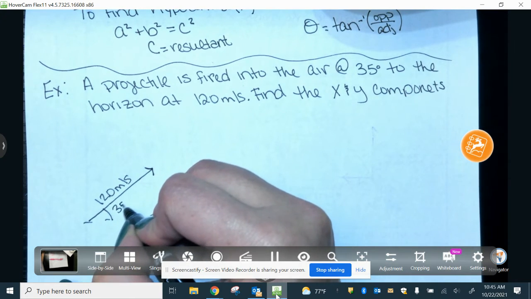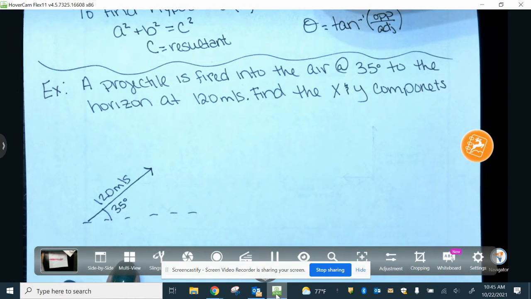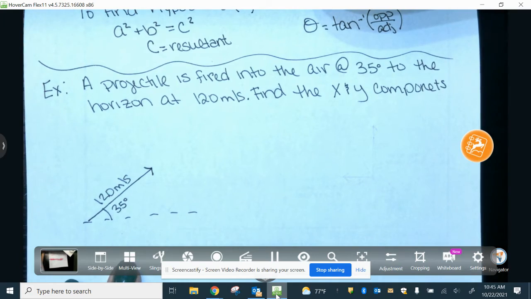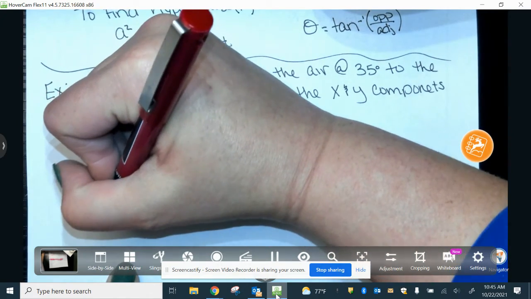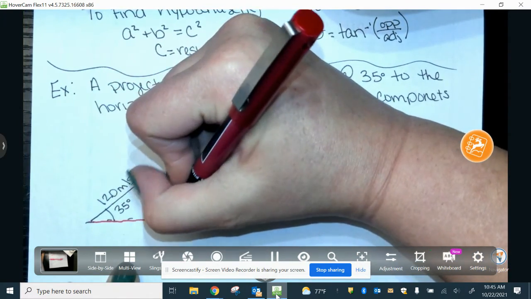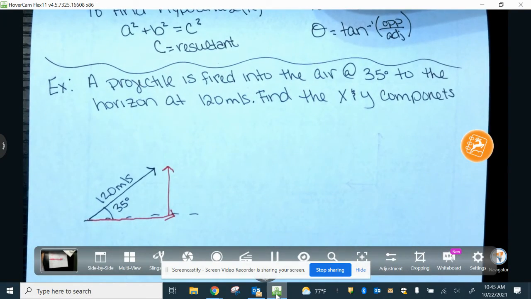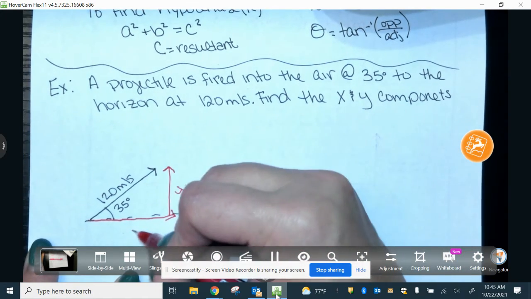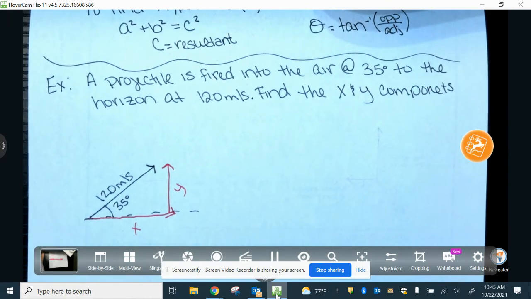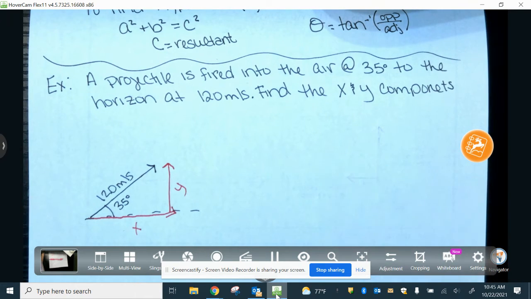This is 35 degrees. And once you find x and y, my x goes like that, and my y would be like that. Take a minute now to do that.